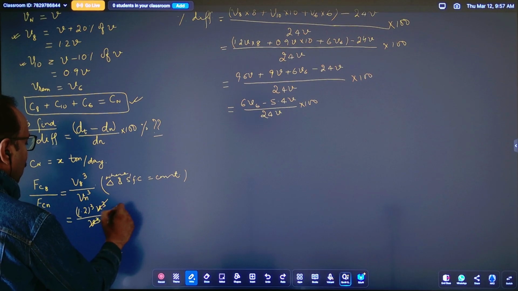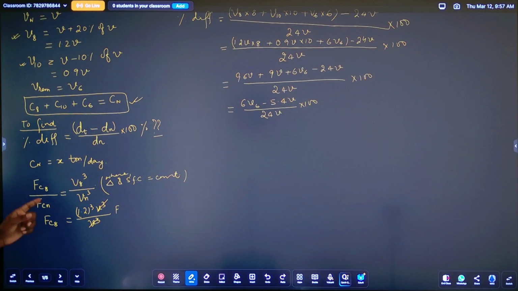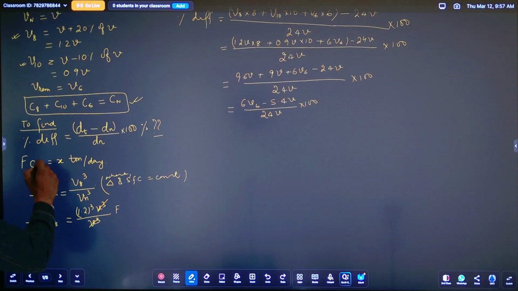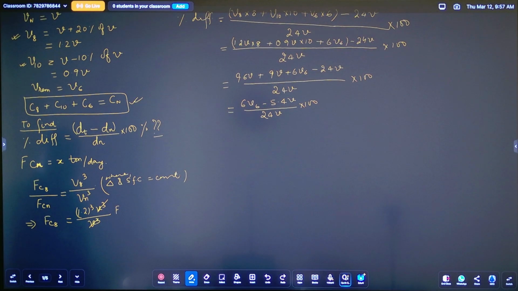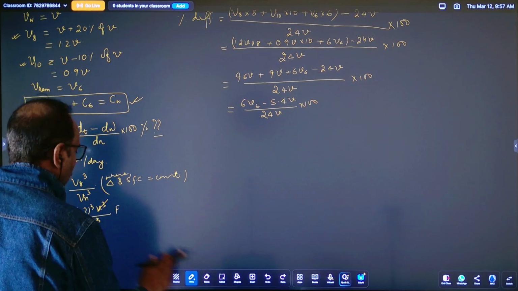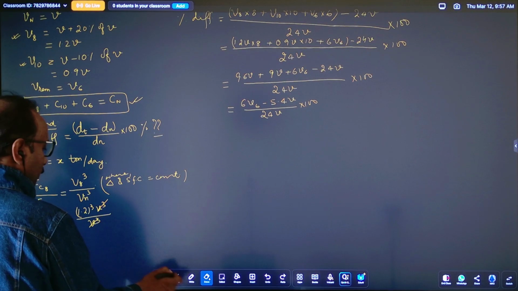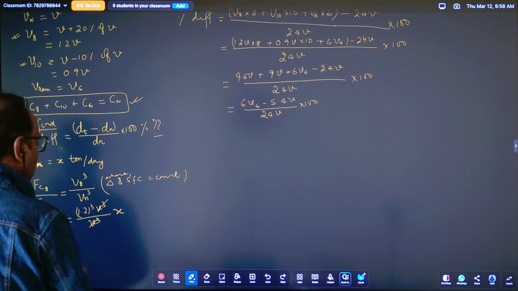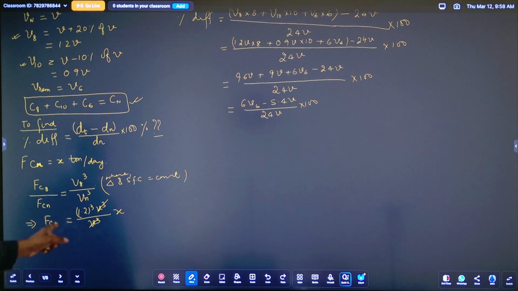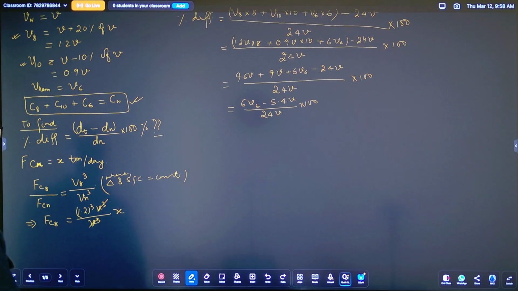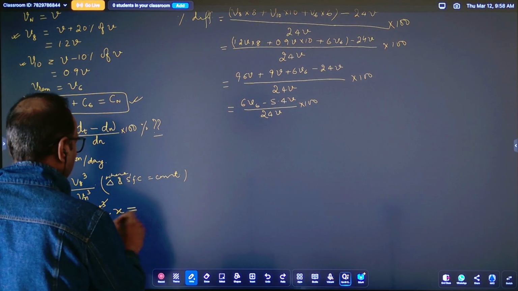FCN. Sorry, we should take it as this. X10 per day we have written, so this is FCN, sorry. So you can simply multiply it with X. So 1.2 cube into X. What is the value?